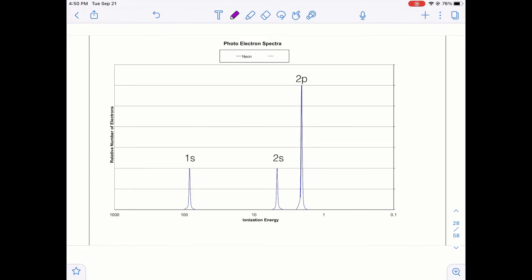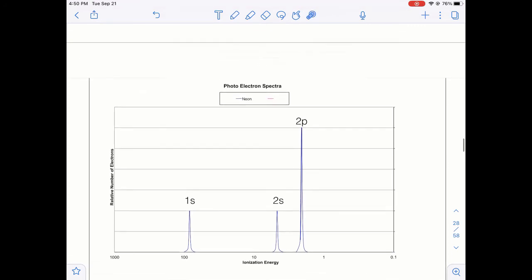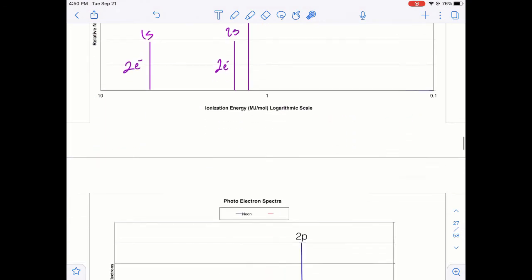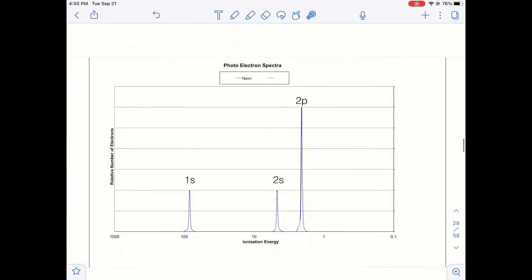I'll take the time here to note that on each of these that are blank, I've simply used the same energy scale down at the bottom. But you'll notice here that in our neon, we have extremely high energies compared to what we've been talking about so far.